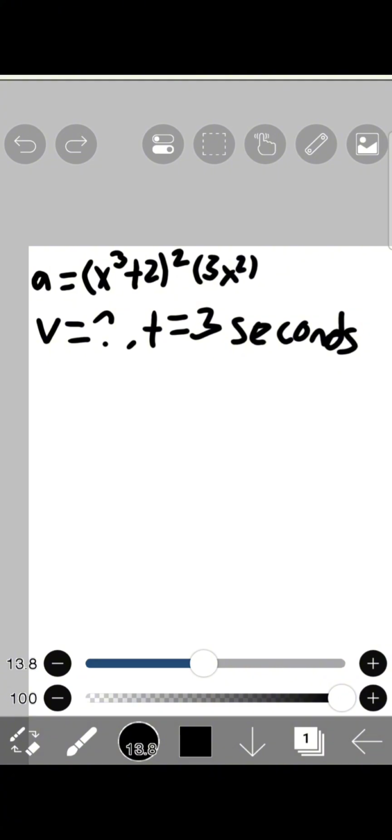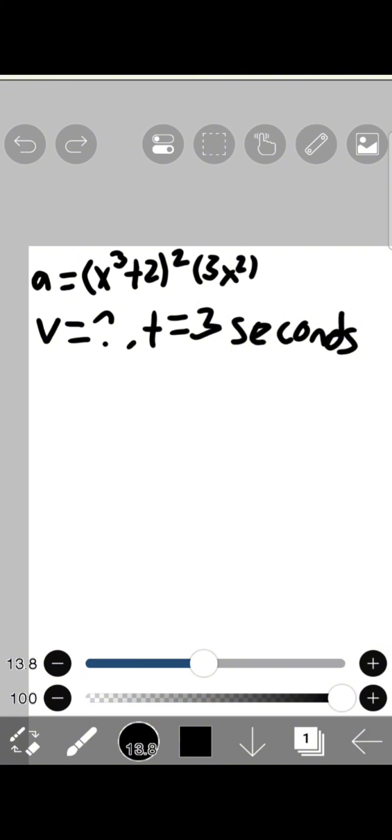That's it. So when we say acceleration is the derivative of velocity, it defines acceleration as the rate of change of velocity over time. In simpler words, it is how fast velocity is changing over time.